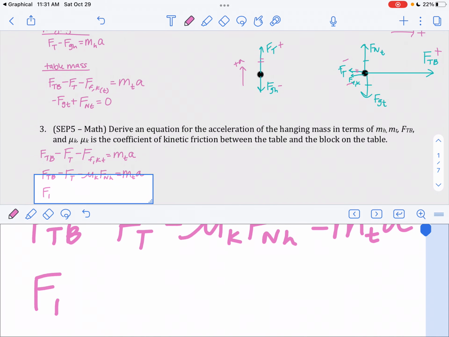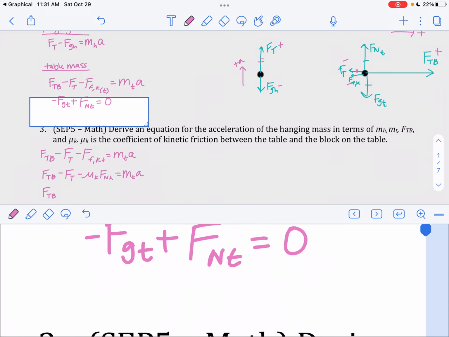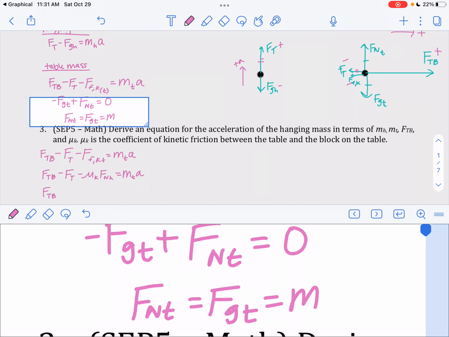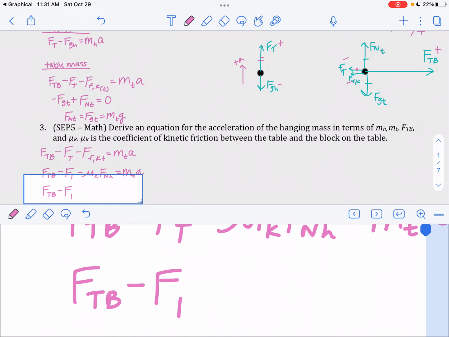And based on my equation up here, I know that Fn on the table mass is equal to Fg on the table mass, which would be equal to the mass of the table mass times gravitational field strength. And so I can start to plug that in at least.